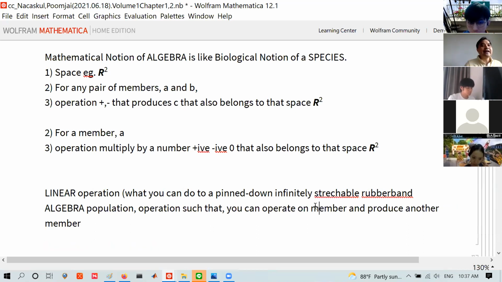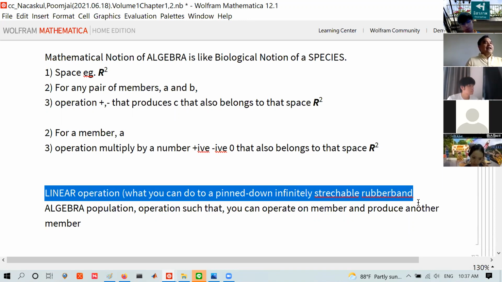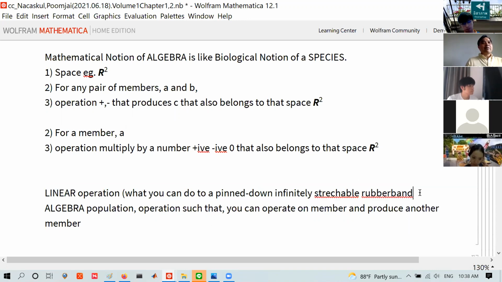Okay. In this case, there are two types of operation. An operation that operates on one member, like stretching, multiplying by a number. So, linear operation is what you can do with a pinned-down infinitely stretchable rubber band. If you have two of them, you just move the pin from the origin to the tail.